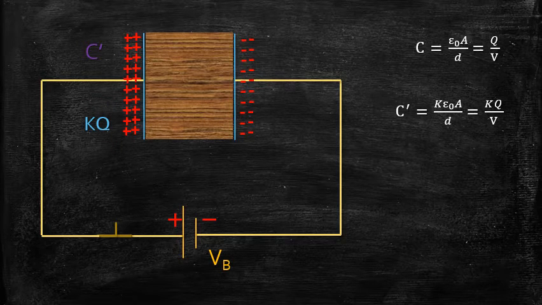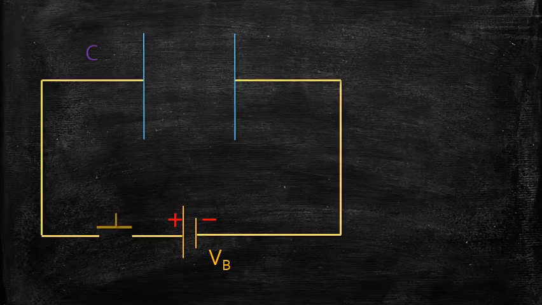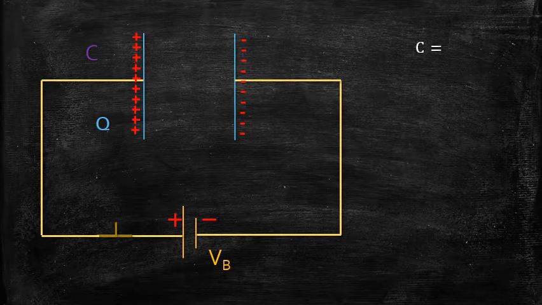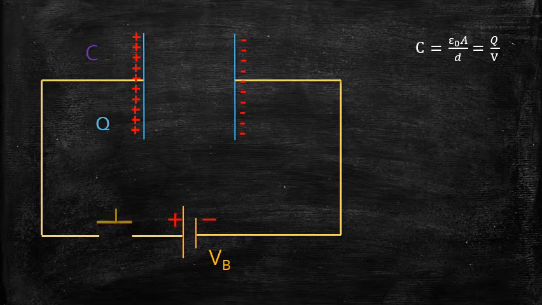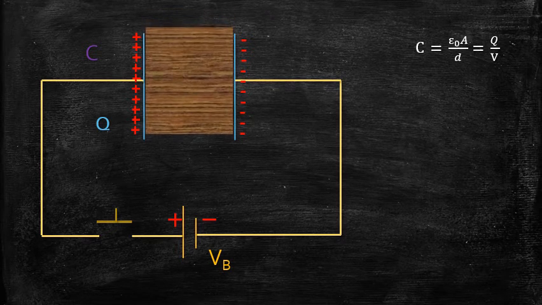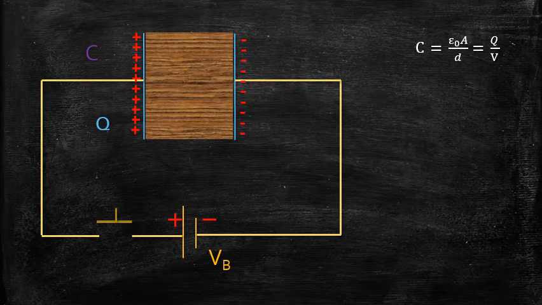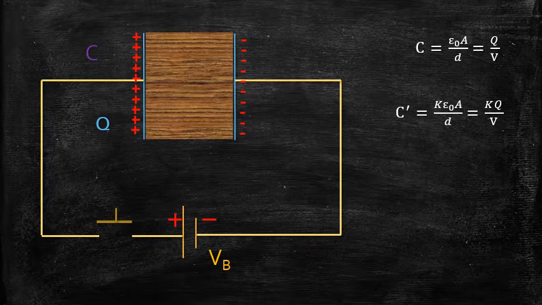But what if we have the battery not connected, and now I insert the dielectric material, what will happen now? Now the effect on capacitance is the same, it is K times more, but now how do I justify this K? How do I explain what is the effect of K?